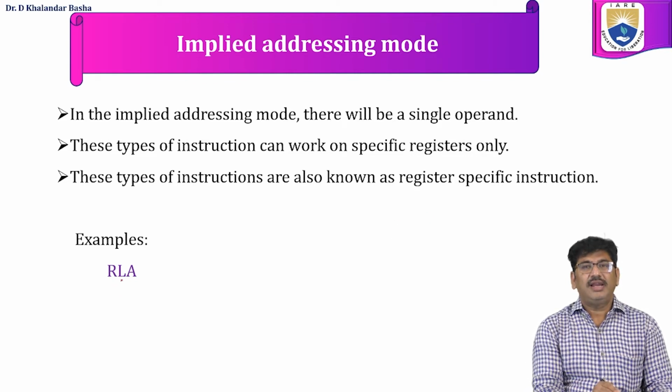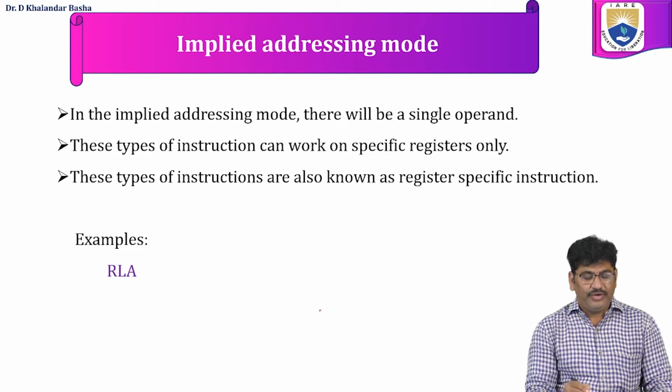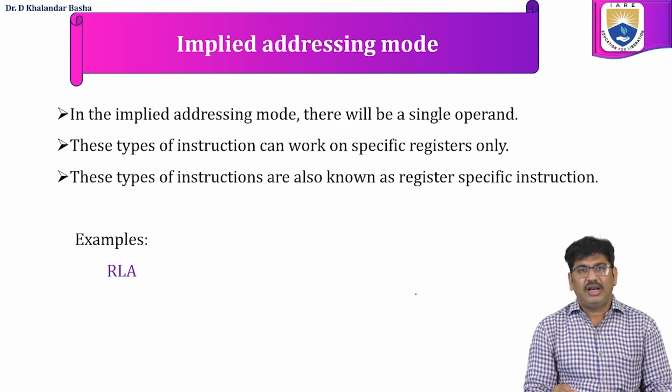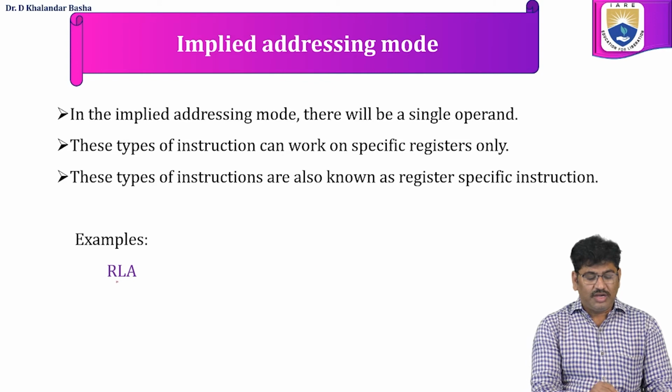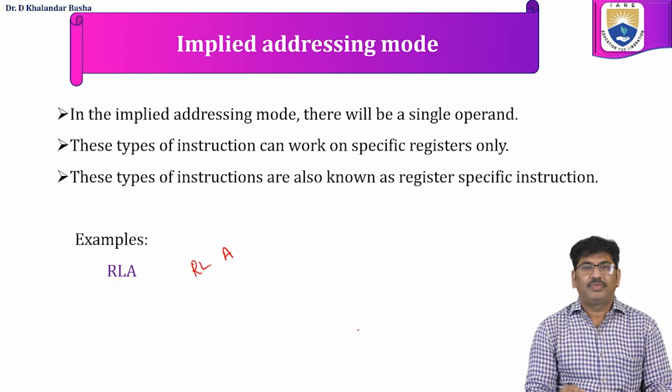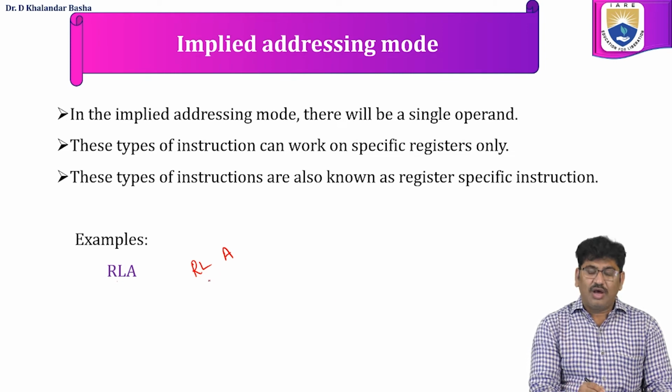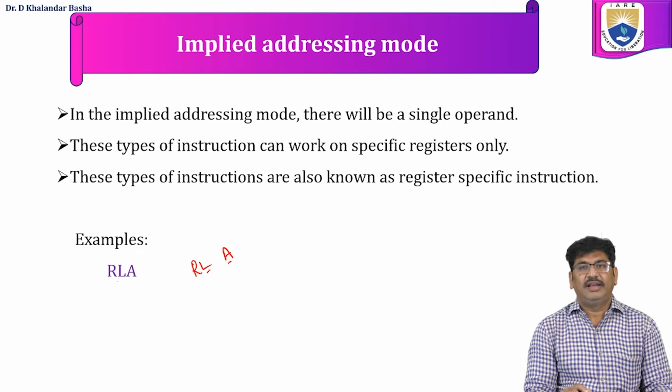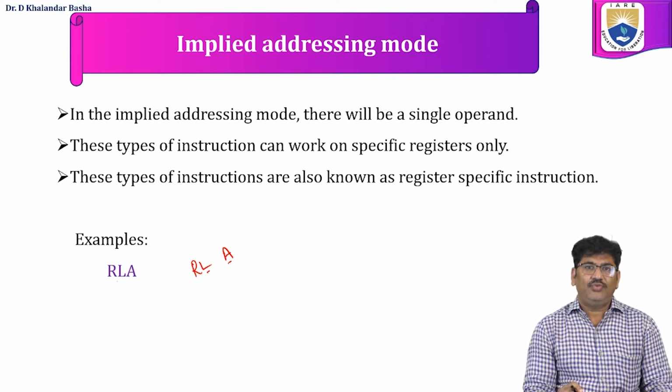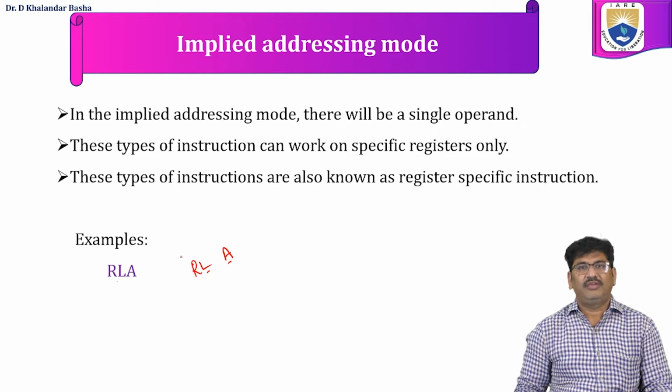Example, RLA. Here we don't have any source operand or destination operand. This instruction is RLA, rotate left A. It rotates the contents of the accumulator towards the left side. So the default register being referred to is the accumulator. That is called the implied addressing mode.